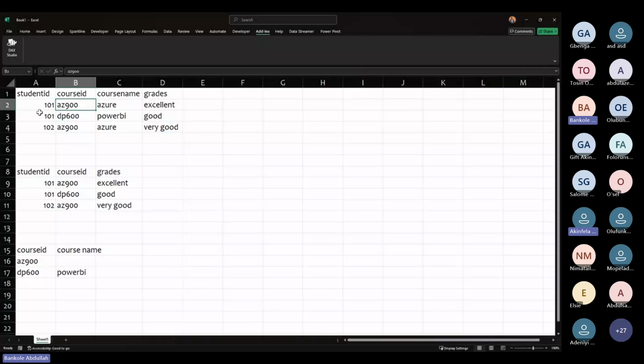But in this case, our table now has two primary keys: the student ID and the course ID. At first, when I asked you, should we have the student ID showing more than one time? You said no. But in this case, it's showing more than one time, but it's still a primary key. Why? Because in this case, we have what we call a composite key. We have what we call what, Bernard?